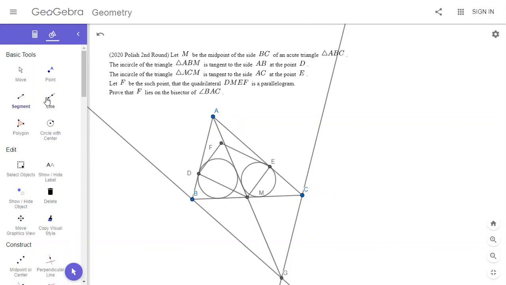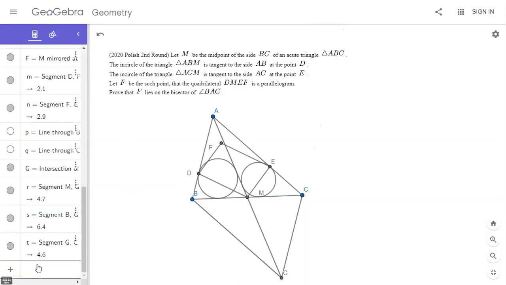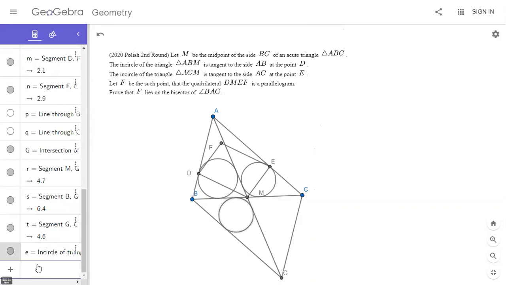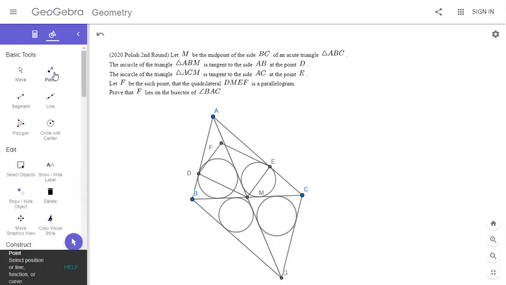So we could draw the incircles of BCM and CGM. All right. So these would be the points of tangency.